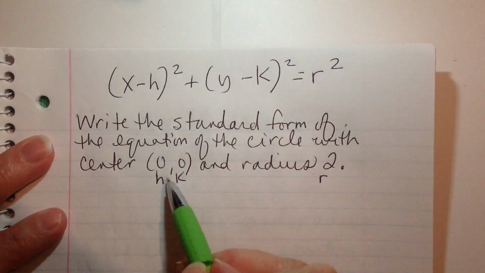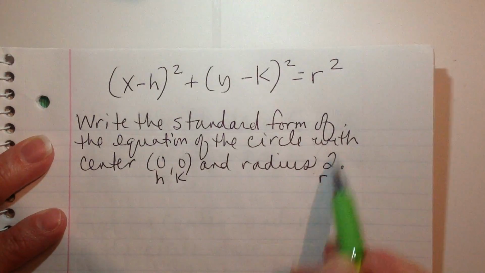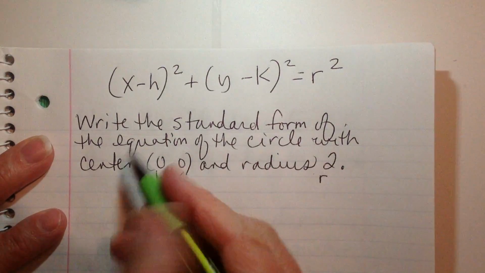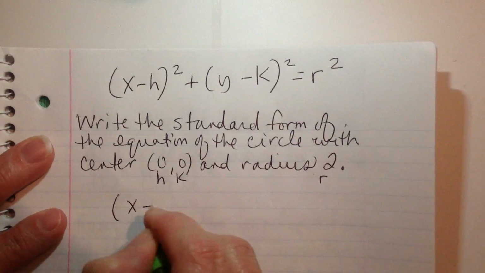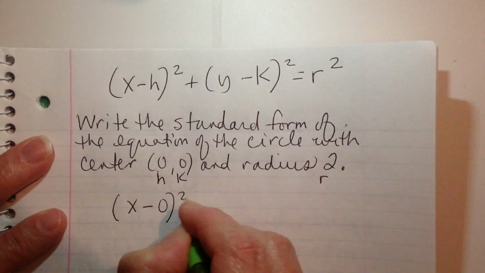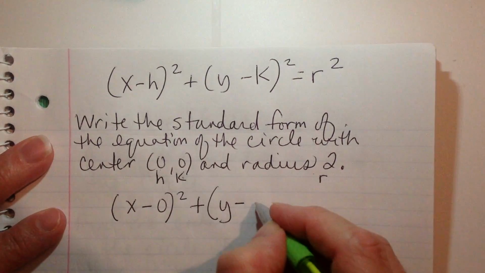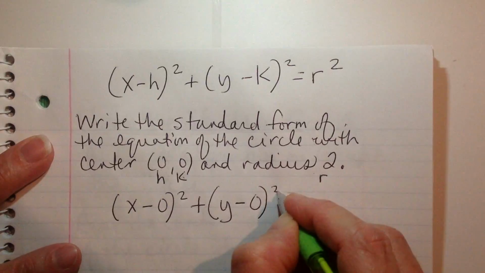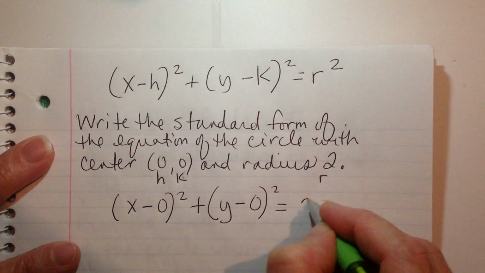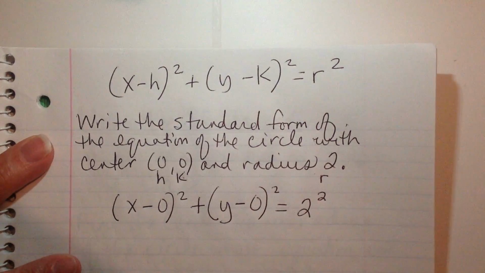So let's substitute h, k, and r back into the original problem. (x minus 0) squared plus (y minus 0) squared equals 2 squared.